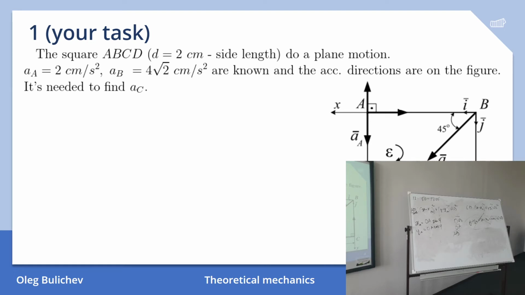And did we find full acceleration of point C, or just tangential? We should find different tangential and normal. Right. Why are there arrows for points?